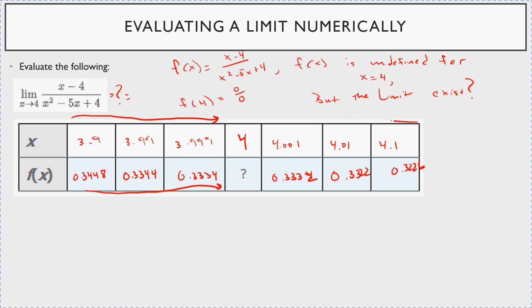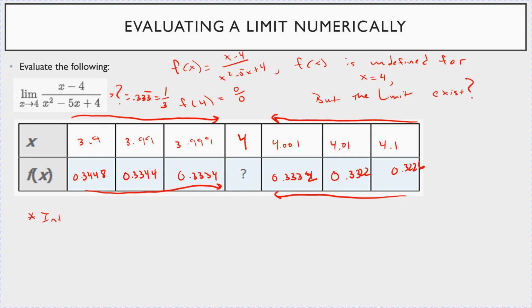And the same thing on this side. As you go this way, doesn't it look like it's going to 0.3333 repeating? 0.333 repeating is just 1/3. So again, what you're seeing here is that even though the function is undefined when you plug in x equal to 4, the limit can still exist.